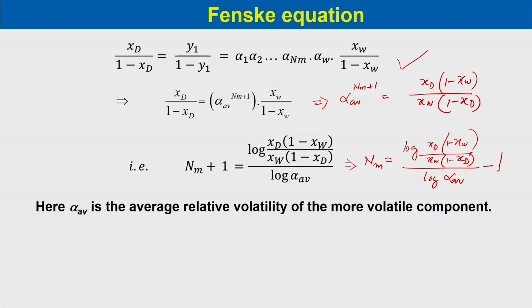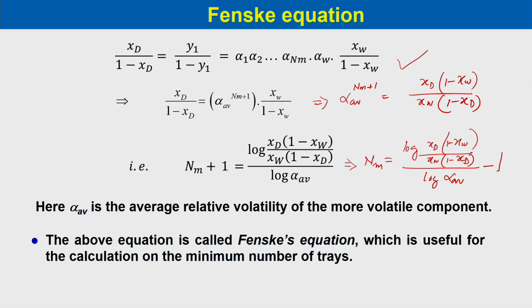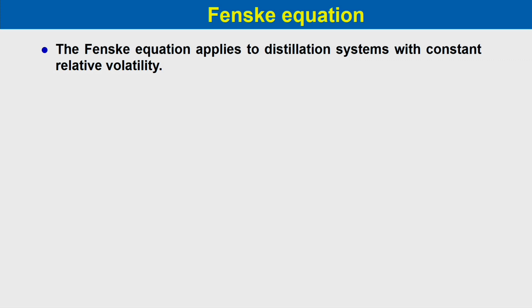Here alpha average is the average relative volatility of the more volatile component. The above equation is called Fenske's equation, which is useful for the calculation of the minimum number of trays. The Fenske equation applies to distillation systems with constant relative volatility.